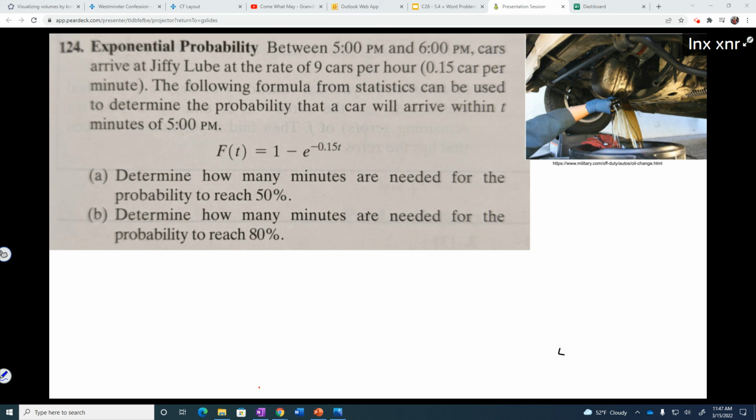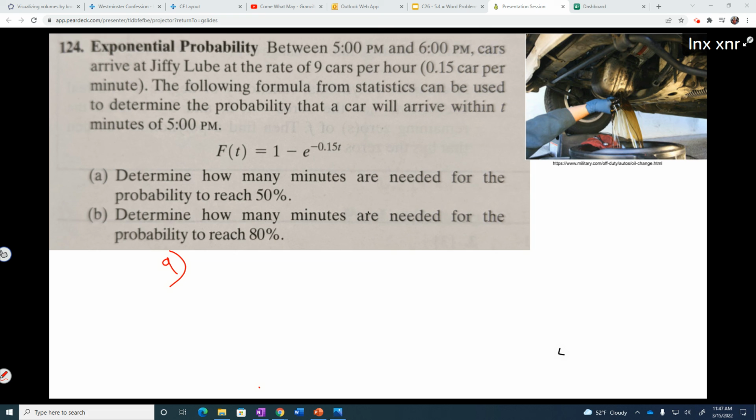So our first question is, how many minutes are needed for the probability of 50%? So basically, how many minutes till we have a 50% chance of a car arriving in the 5 to 6 o'clock hour? This will be the last one that we'll do here.